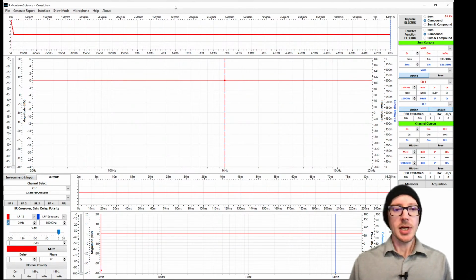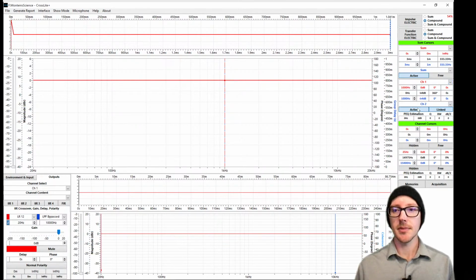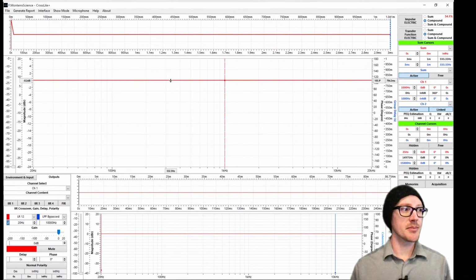What's fun about Crosslight is that we can just have a playground for looking at filters. So I'm just going to turn on some filters, and we're not trying to get anything done, but let's just look at some shapes. Right now we're just looking at a microphone cable. This is the magnitude of a microphone cable. It's completely flat, totally boring, right?